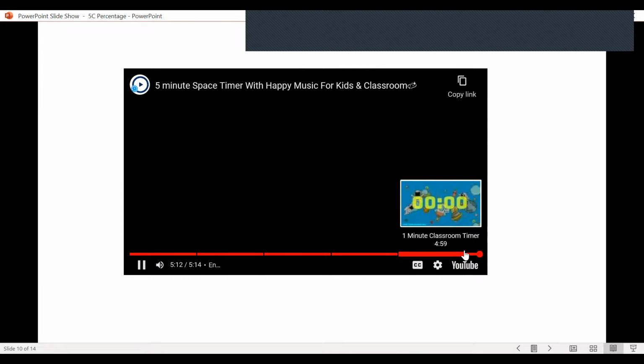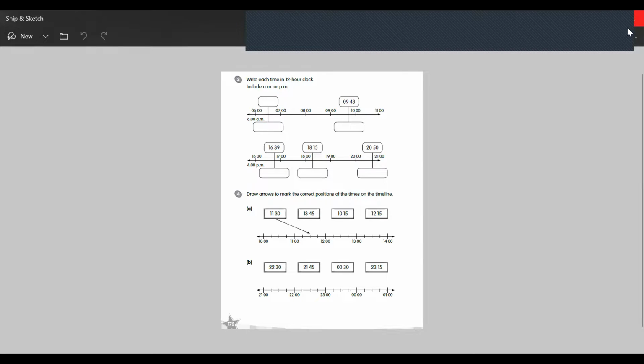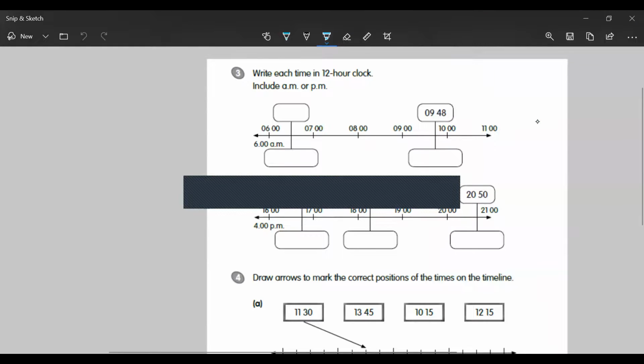Okay, time's up. Right, so okay, let's take a look at this. Here it says you have to write each time in 12-hour clock.